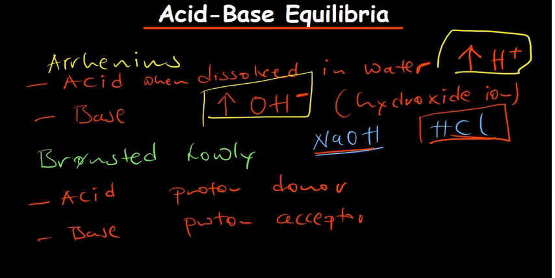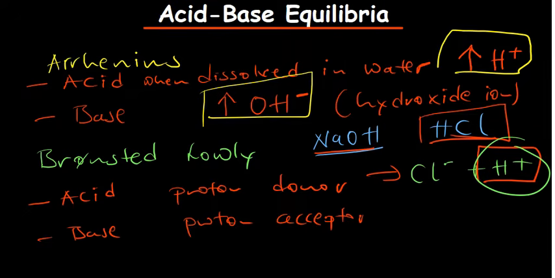It's going to separate into chloride and hydrogen, meaning that the acid by definition has donated a proton. The proton acceptor is anything that can come to attach to that hydrogen ion. Let me not complicate things, but these are the definitions of acids and bases according to Arrhenius and Brønsted-Lowry. We'll look at examples as we proceed.